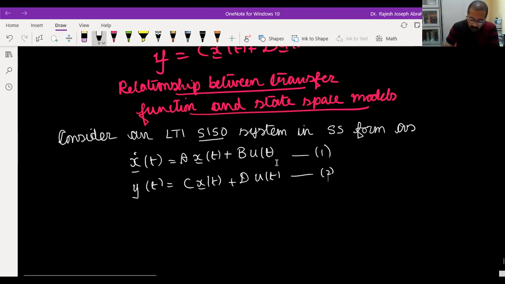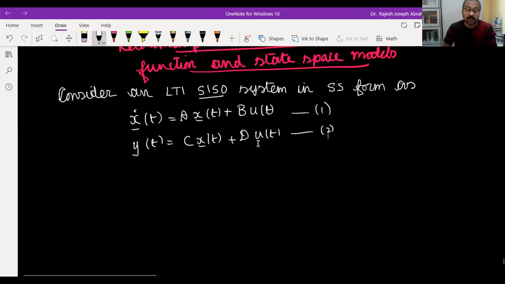Now, what is a transfer function? It is the ratio of the Laplace transform of the output to the Laplace transform of the input when all initial conditions are 0. The input variable here in this state space model is u and the output variable is y. So we need to find the relationship between y, the output, and u, the input.